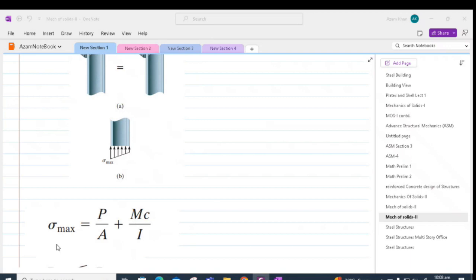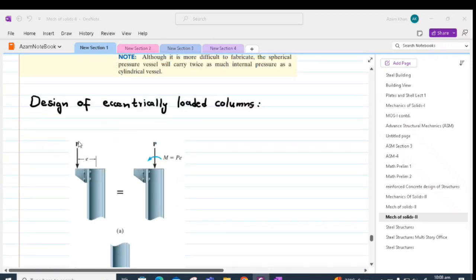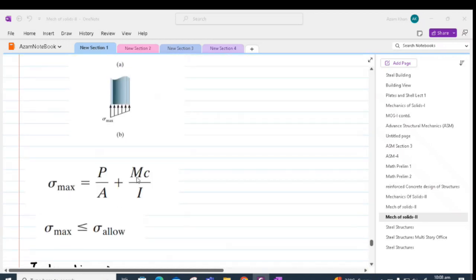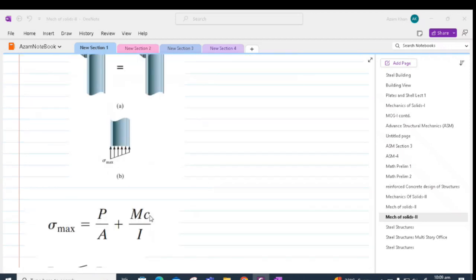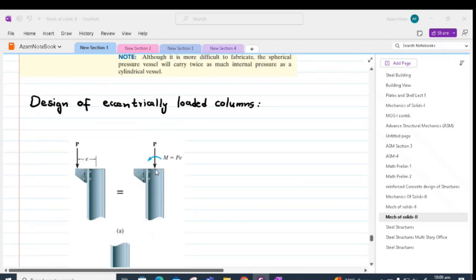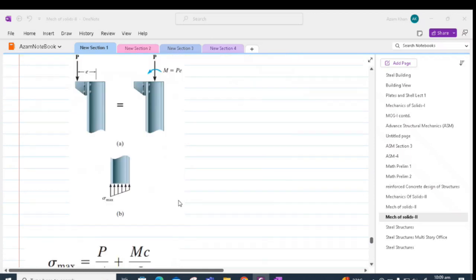Thus, the maximum compressive stress will be equal to P/A plus Mc/I, where P is the axial load applied, A is the area of cross section of the column, M is the moment when the load is applied off center, c is the distance of the fiber at the extreme end from the neutral axis, and I is the moment of inertia of the cross section.